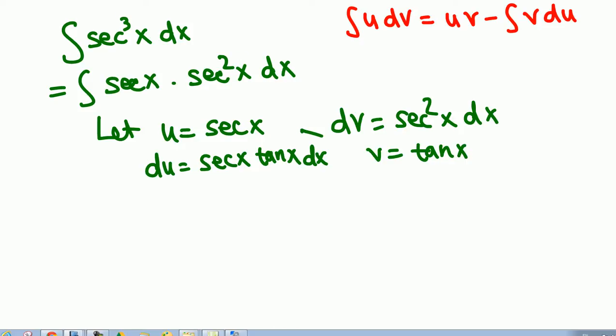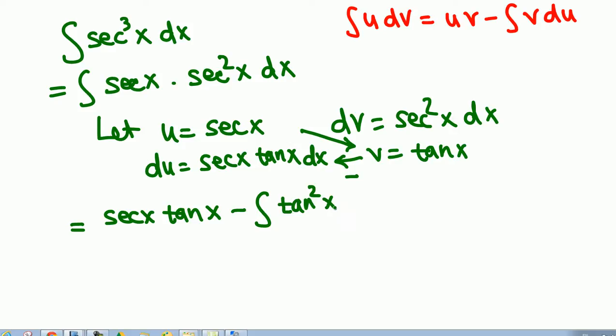Then we always go uv minus v du. So this integral is uv, secant x tangent x, minus the integral of v du. v is tangent times secant tangent, so that's tangent squared and secant dx.